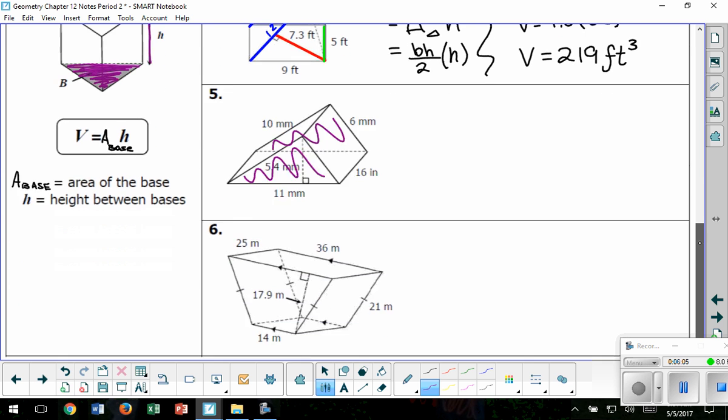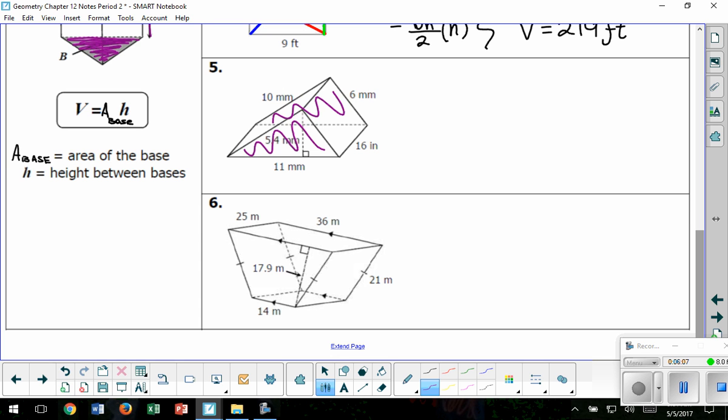Number 6, what are the bases? The 2 trapezoids. So this guy right here, and then this guy back here.